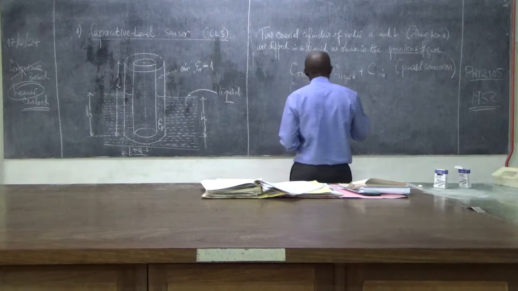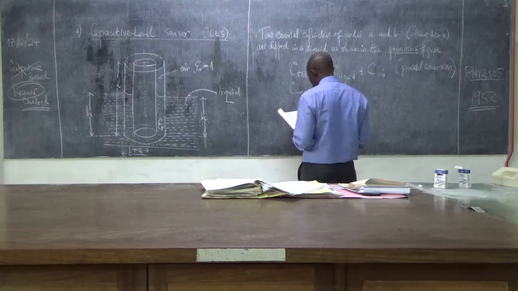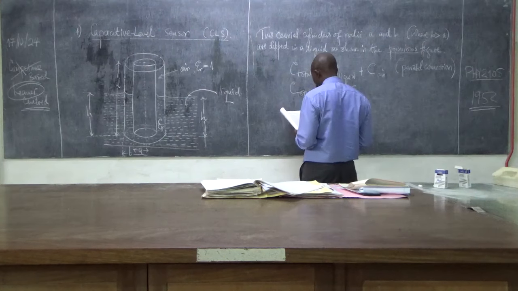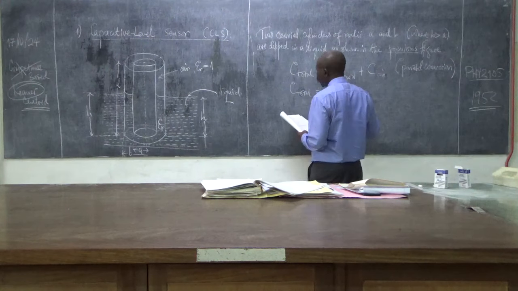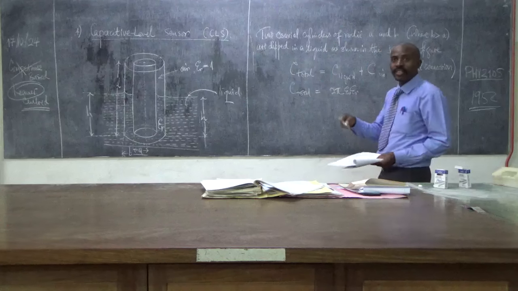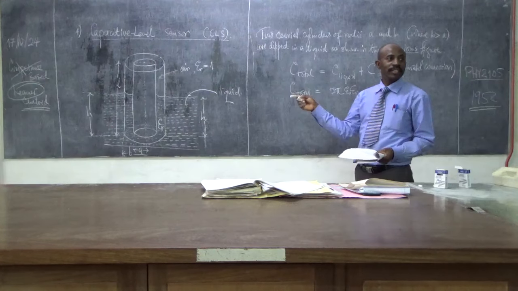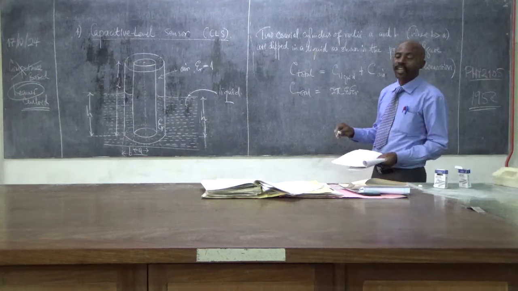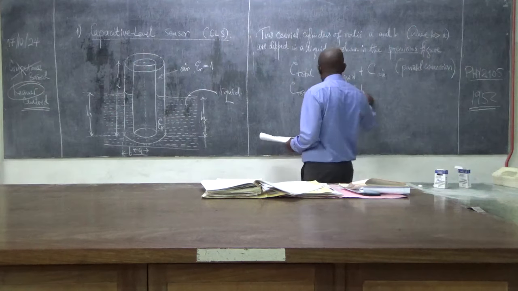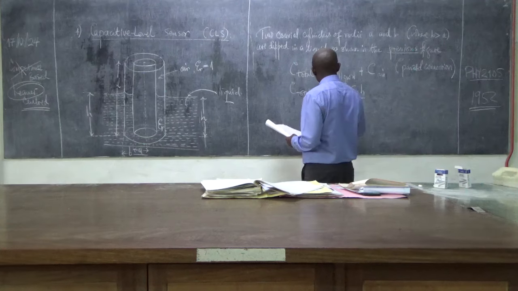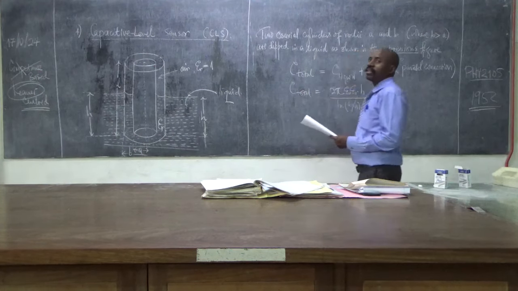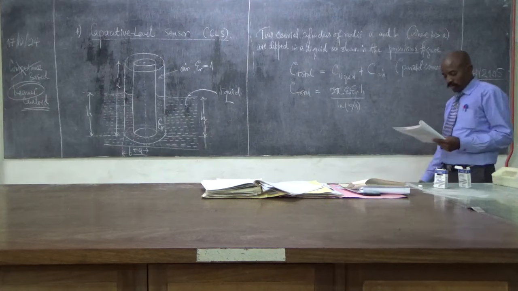This is 2 pi epsilon, but epsilon is epsilon r. Then the L. L was the length of the cylinder, but now the length of the cylinder with the liquid part is H. So we have the H, then over the natural log of the ratio of the bigger cylinder to the small cylinder.